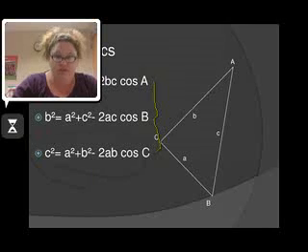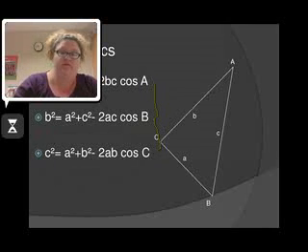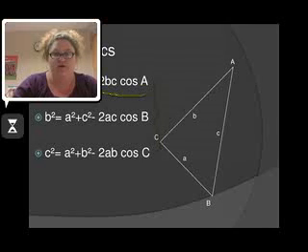Now, there are 3 versions on this screen. The first version starts with a squared, and the rest of the variables written in that formula are b and c. You don't run into an a again until you get to the cosine of A, and that's a capital letter, so you're again talking about an angle measure.